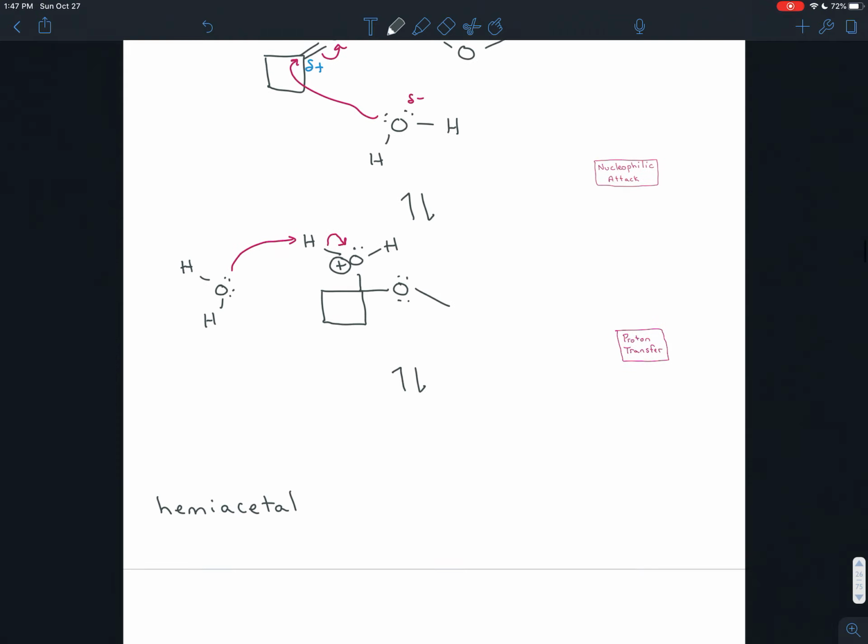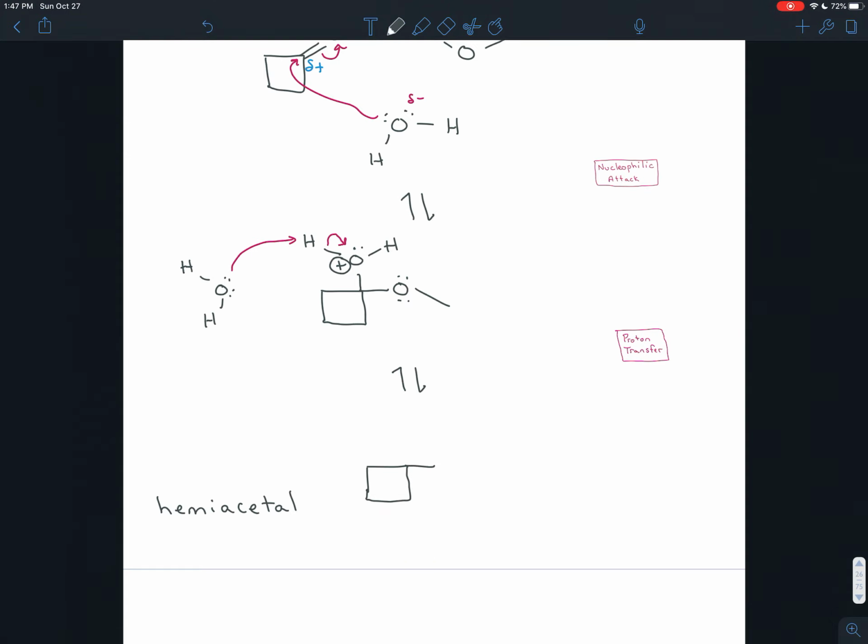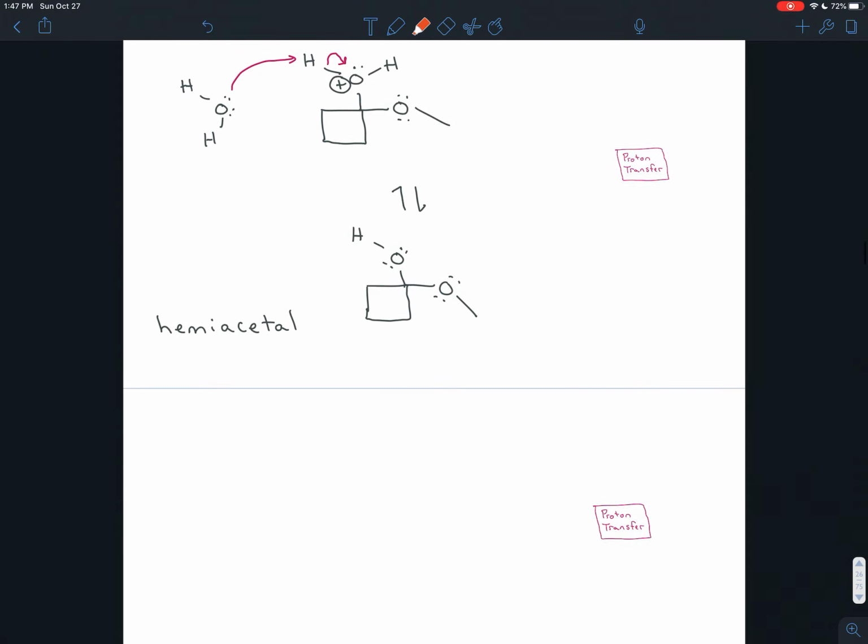We're transferring that hydrogen, that proton, from one molecule to the other. And when we're done with that, we end up with our hemiacetal. So we have both the methoxy group, the ether, and an OH, an alcohol, bonded to the same carbon. So ether, alcohol, and the same carbon, that's a hemiacetal.